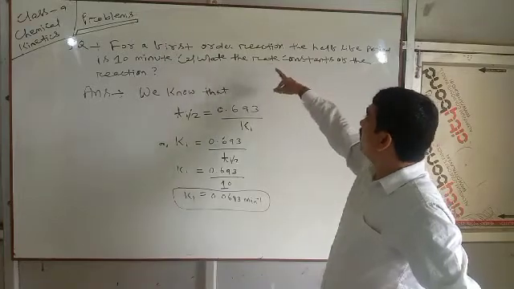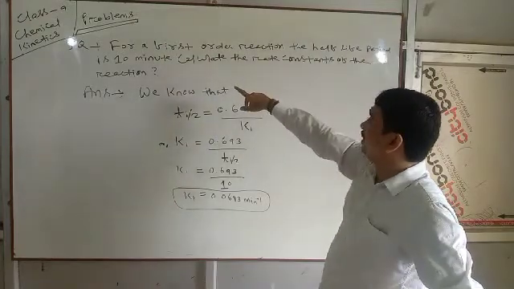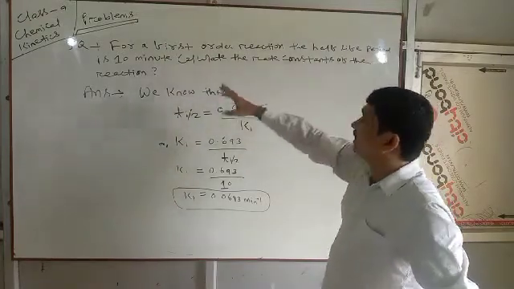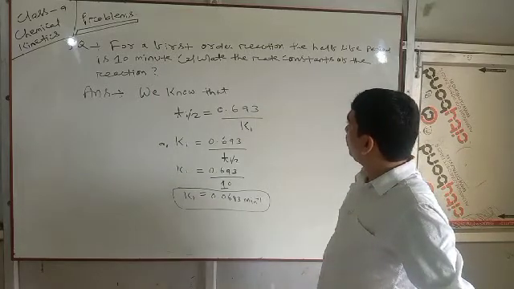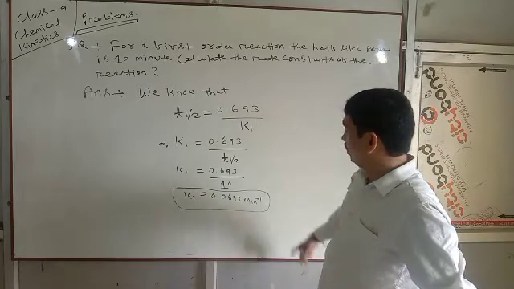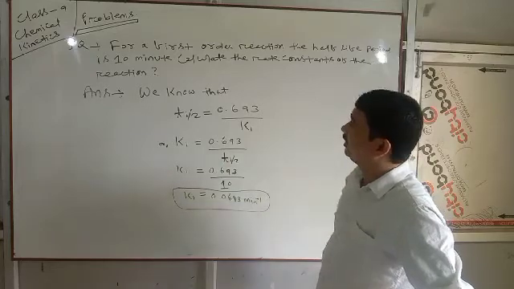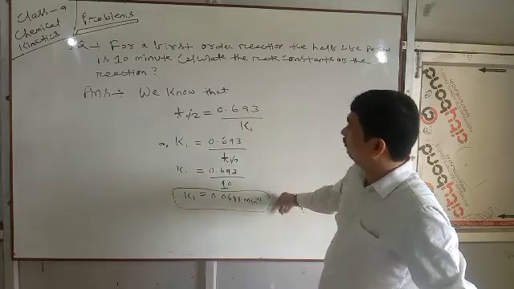So for a first order reaction the half life period is 10 minutes, calculate the rate constant of the reaction. This is the rate constant.